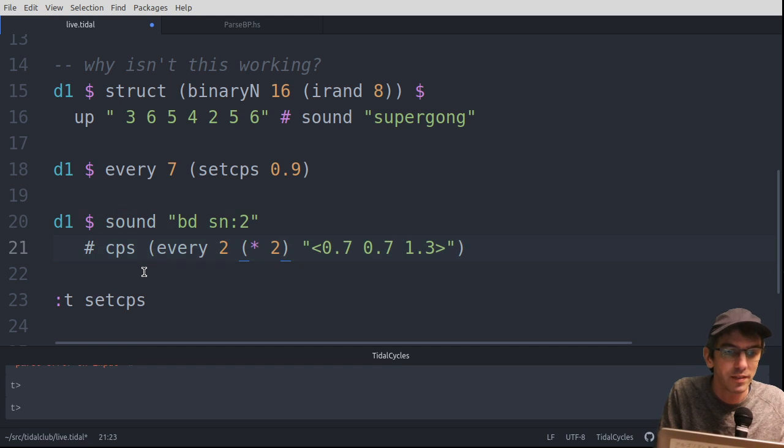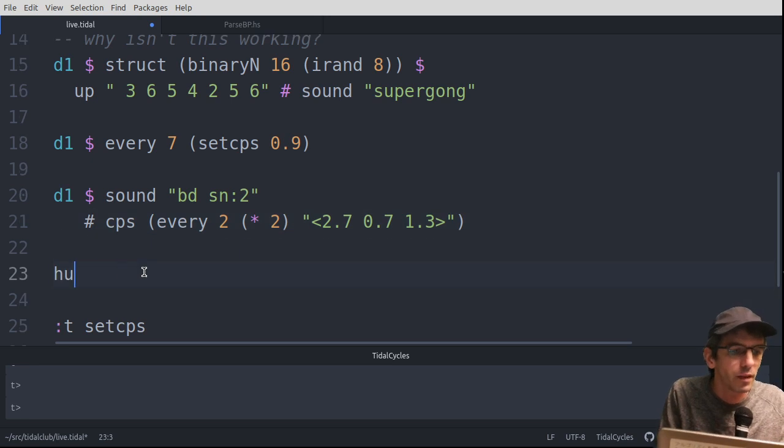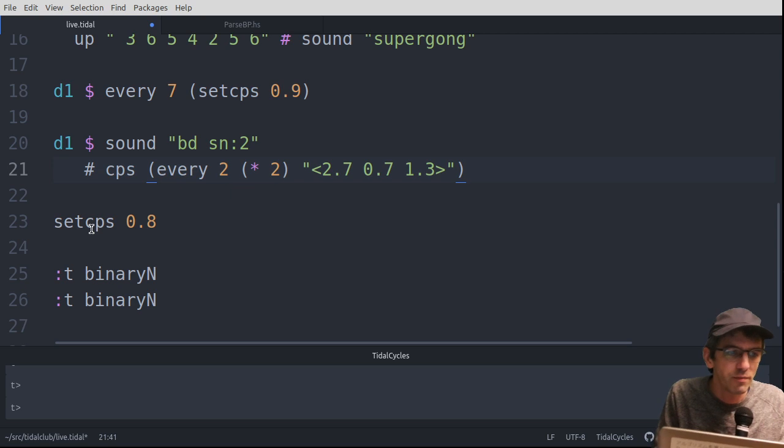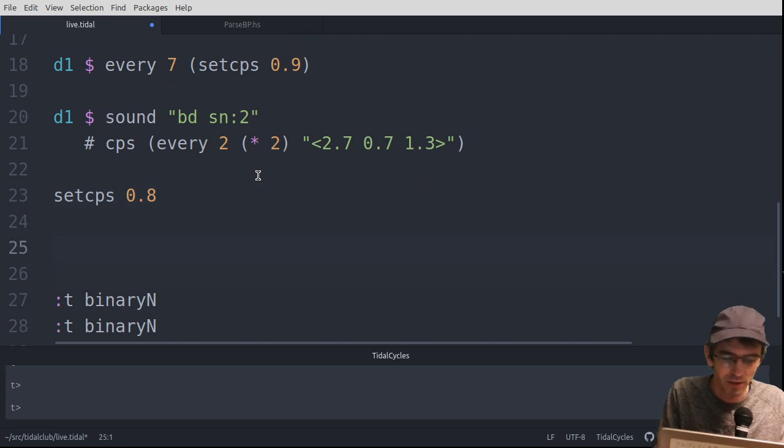Let's try that. So set CPS is just the thing you run as a command really. Say set CPS 0.8. As I say, I have been rewriting all the tempo stuff, so it might make some funny noises if we're not careful. It's a bit buggy, but it seems to be working at the moment.